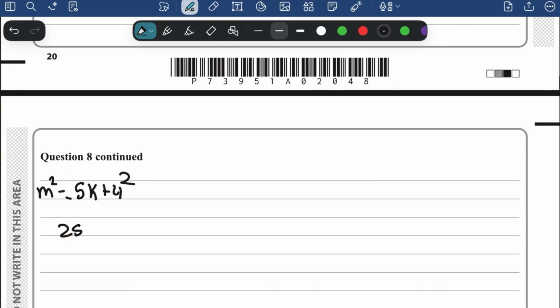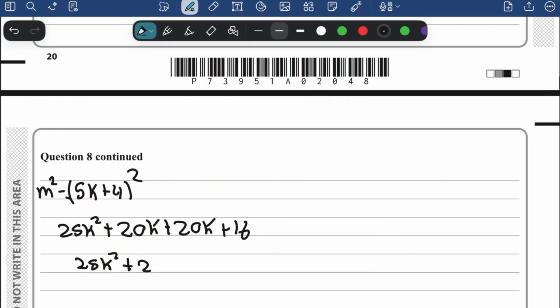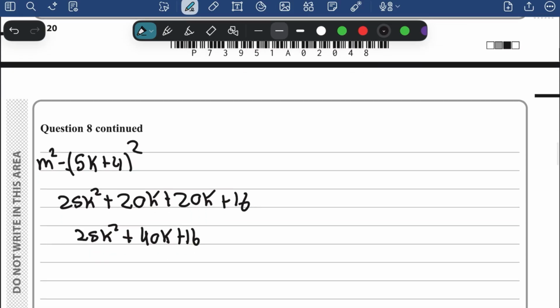So that'd be, remove them brackets, 25k squared, add 20k, add 20k, add 16. So 25k squared, add 40k, add 16.